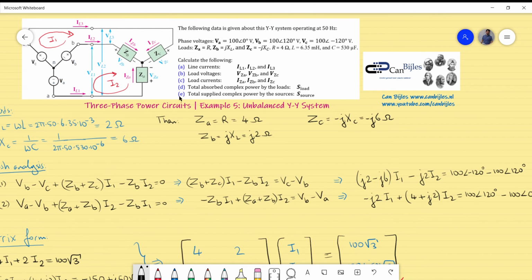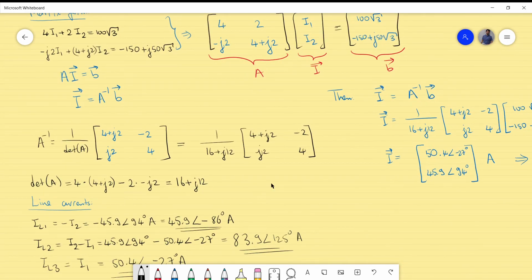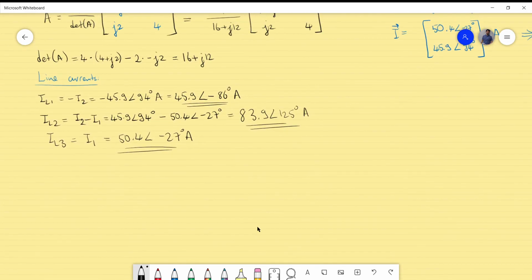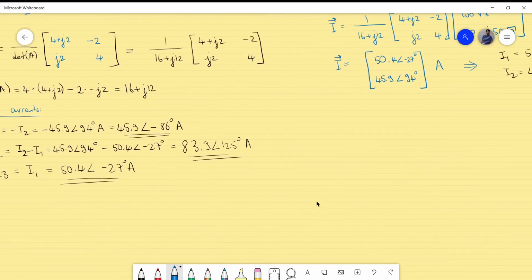So question C is very simple, so I can write it down very easily. This one was question B, so I will now move to question C. I will do that here.